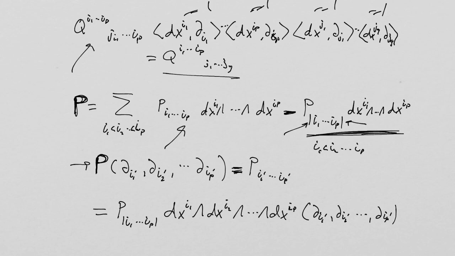Now the problem, of course, is that these are in some other basis than these. So the delta function rule doesn't apply. You can't write dxi1 operating on partial i1 prime equals delta i1 prime. That's not true anymore, so that beautiful simplification doesn't work.